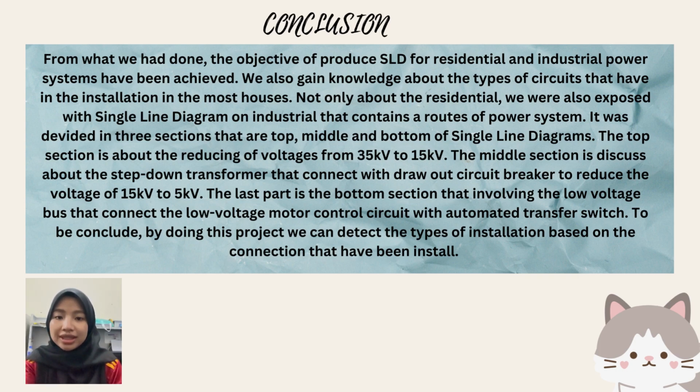The middle section discusses the step down transformer connected with the drawout circuit breaker to reduce the voltage from 15 kilovolt to 5 kilovolt. And the last part is the bottom section.